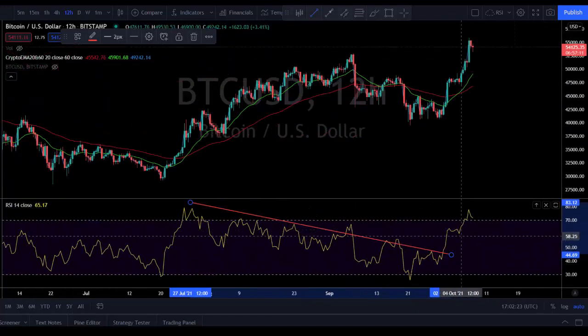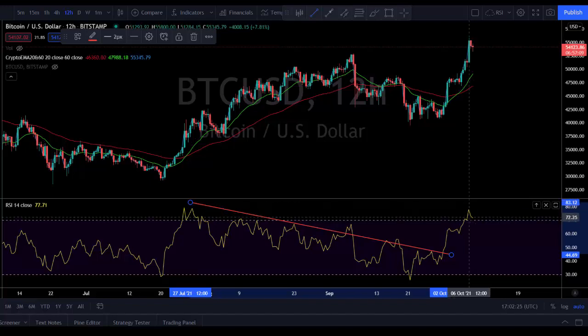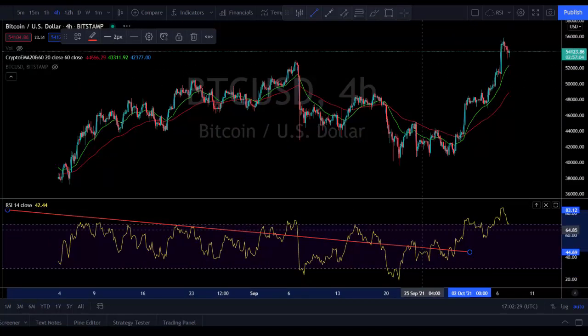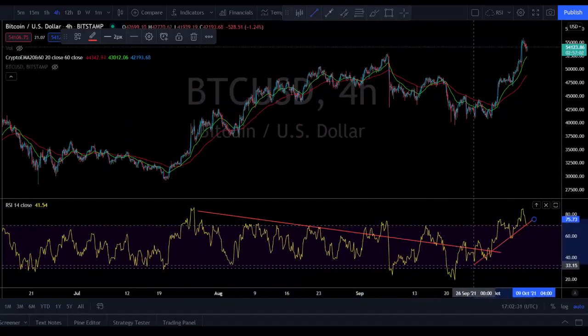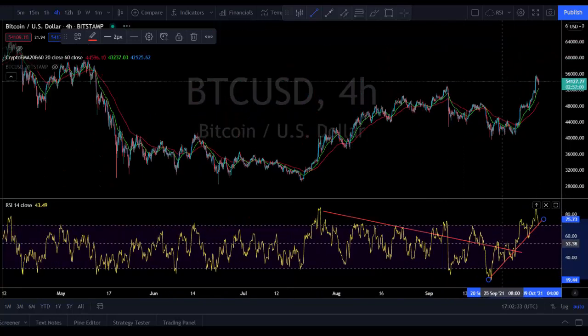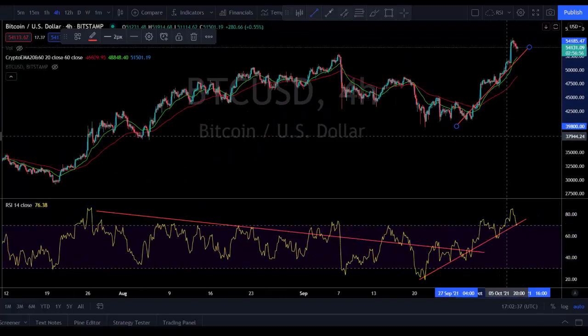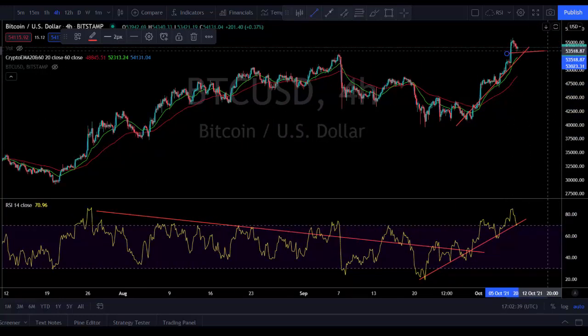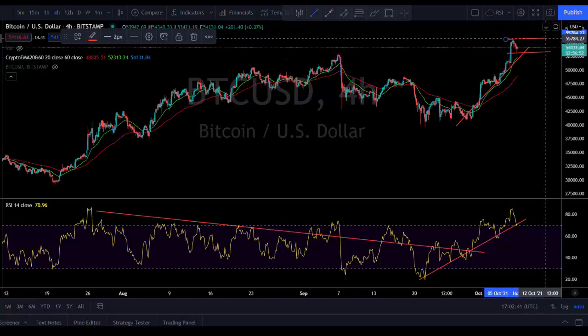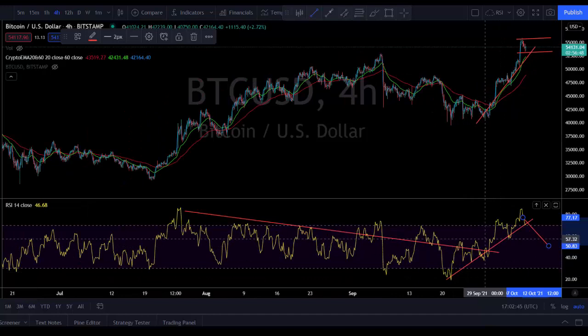However, with the relative strength index and the MACD up at these levels here on the 12-hour time frame and on the 4-hour time frame, now I'm watching for this as a trend pattern that the trend may break and pull back. If nothing else, I'm expecting that we'll get some sideways action as the relative strength index and the MACD pull back on the 4-hour time frame.